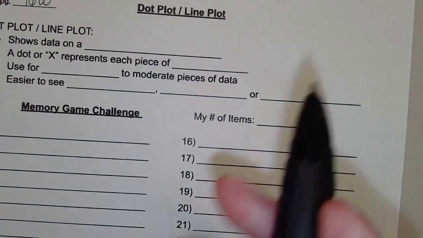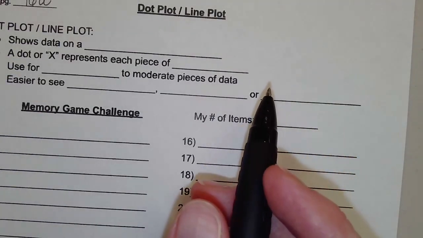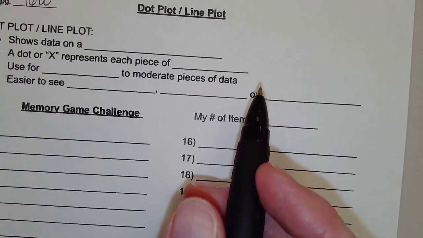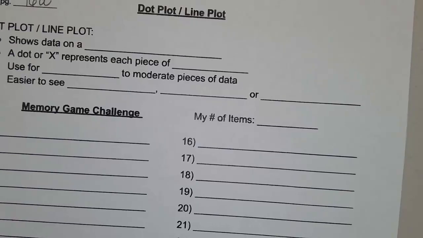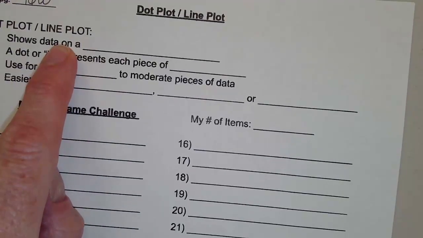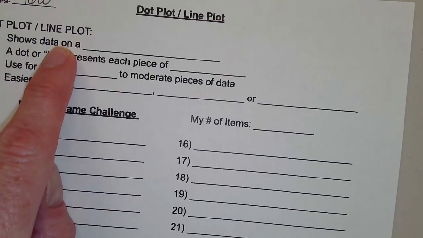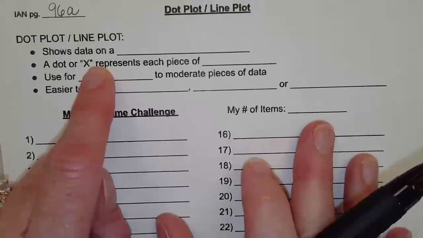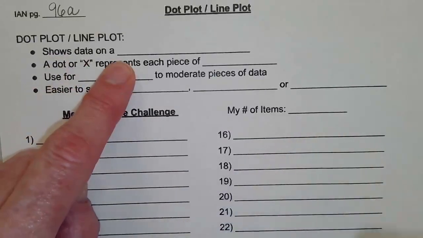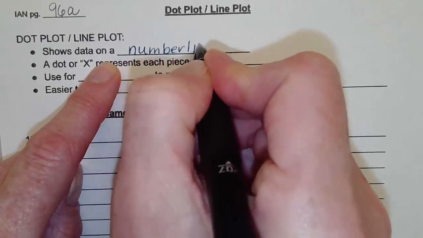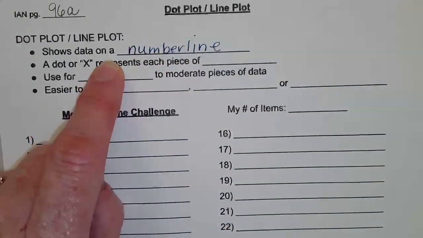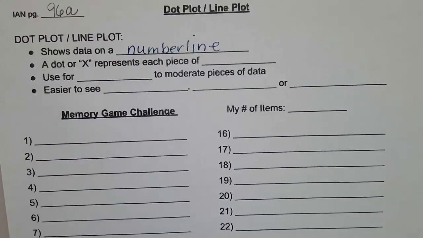What the difference is, a dot plot uses dots, a line plot uses X's. So it's the same thing, it's set up the same. Now, to do this, it's going to show the data on a number line. So we're going to use a number line to organize the information. Okay?